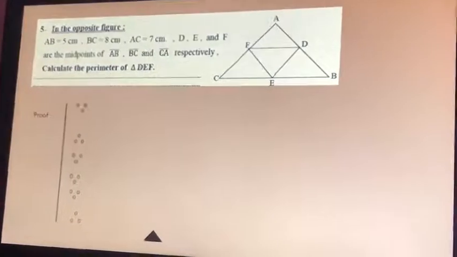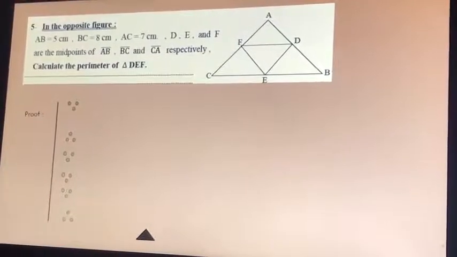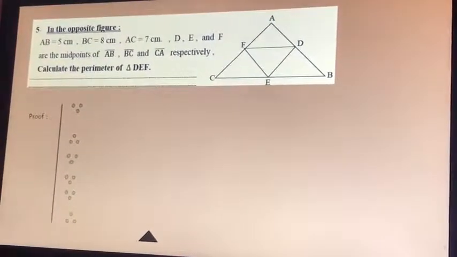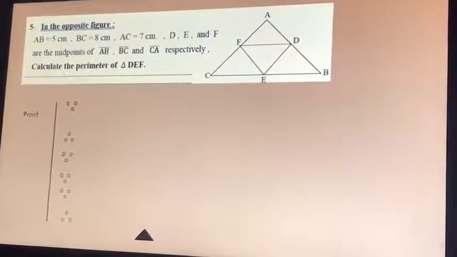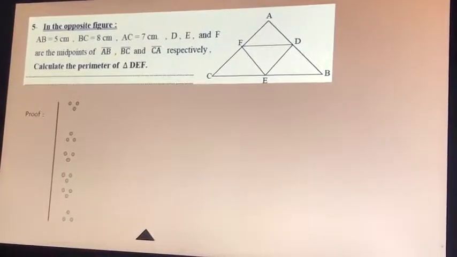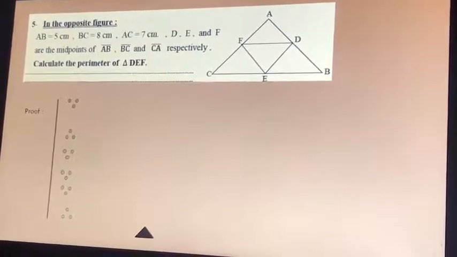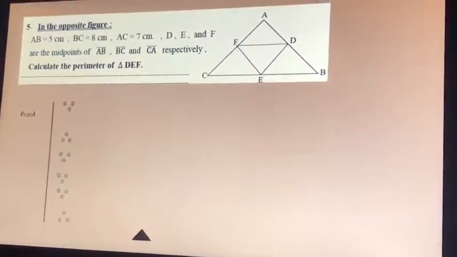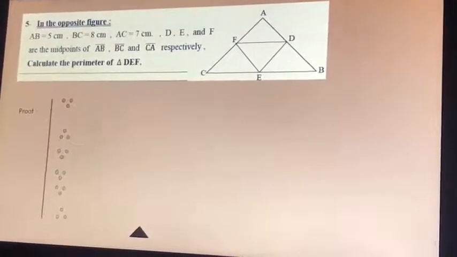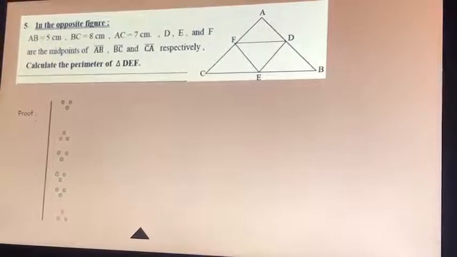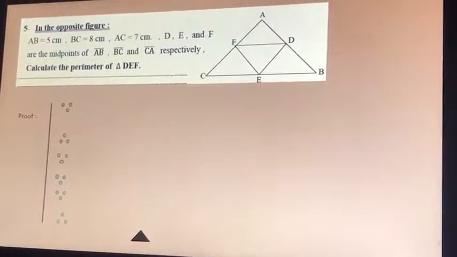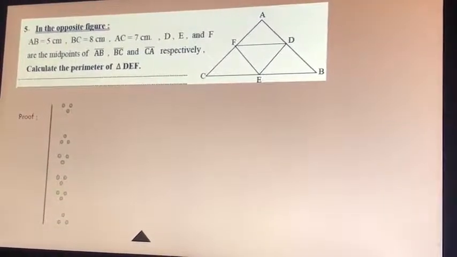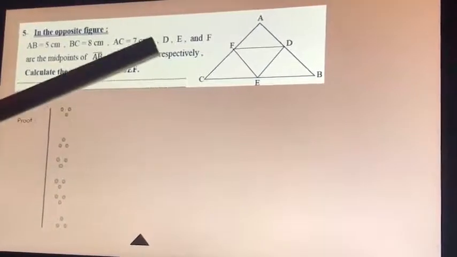Here I have a figure which is triangle ABC. Given AB equals 5 centimeter, BC equals 8 centimeter, AC equals 7 centimeter. D, E, and F are midpoints of AB, BC, CA respectively. What do you mean by respectively?